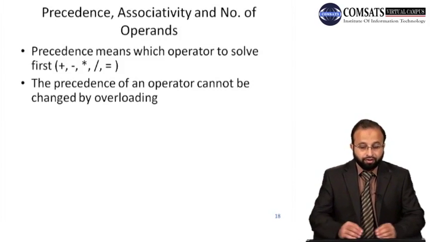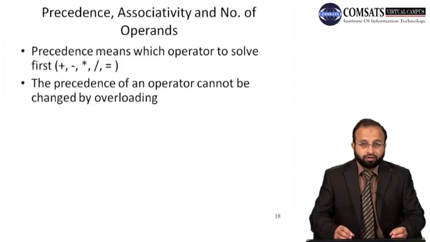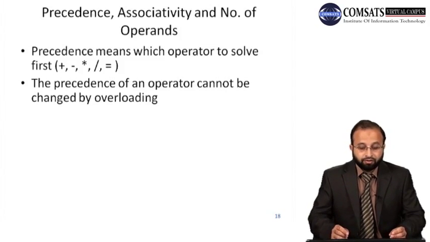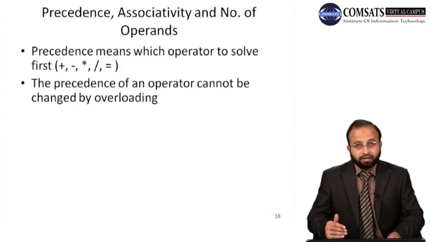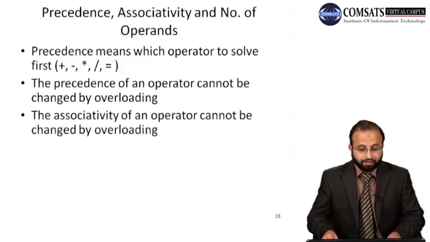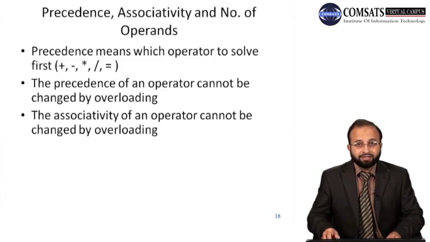You can overload the operator, but for example, plus is a binary operator, it will remain a binary operator, and its precedence cannot be changed. If multiplication and plus both appear, the multiplication operator will be performed first. And if we want addition to be performed first, then we can use a parenthesis.